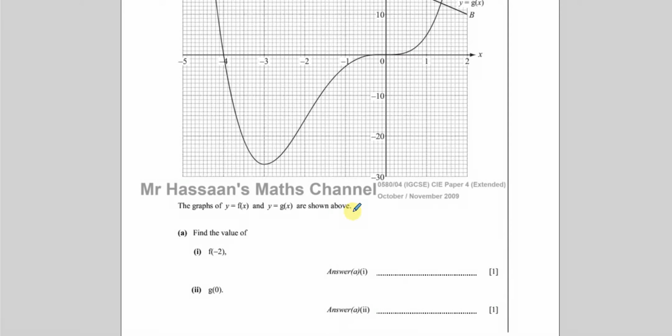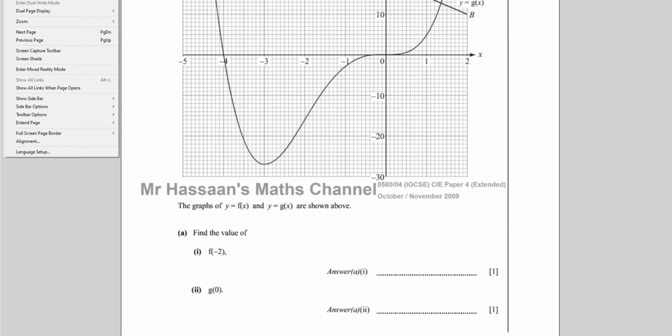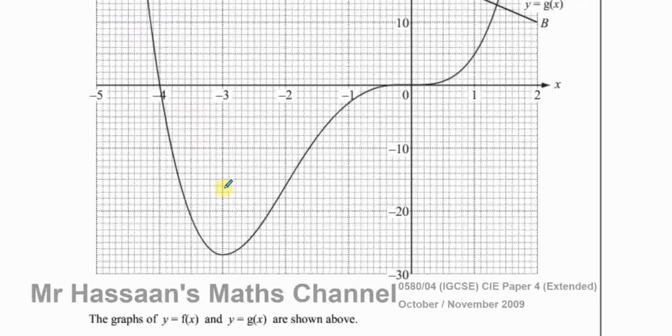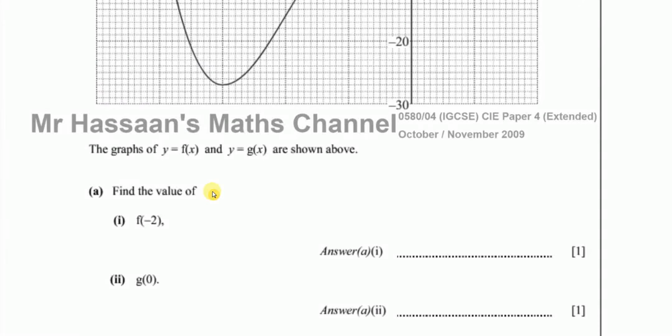Basically, the way I like to deal with a question like this, it says f(-2). The minus 2 here, if you can see, has taken the place of the x in y equals f of x. So we're going to draw the line x equals minus 2.